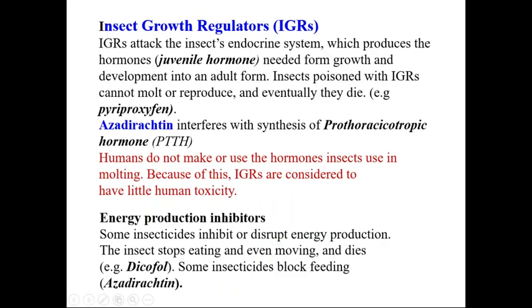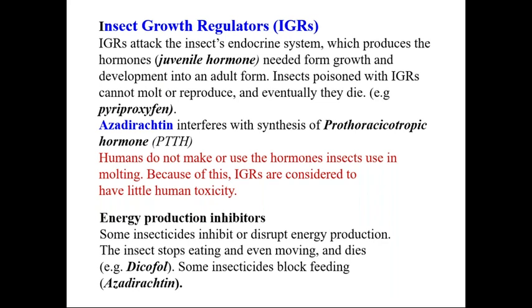Then you have the insect growth regulators, which actually attack the insect's endocrine system, and it produces or inhibits the juvenile hormone that is required for growth and development to the adult form. So insects which are poisoned with the insect growth regulators cannot molt or reproduce, and they eventually die.